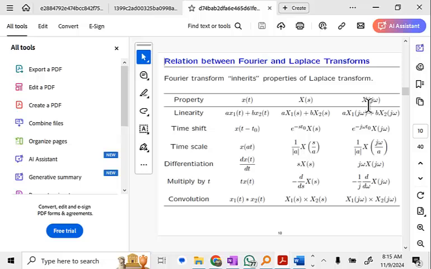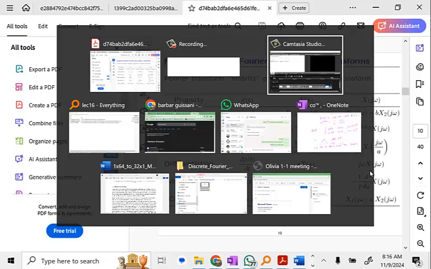So what does differentiation do to the Fourier transform? Well, it multiplies it by j omega, and then you have the same Fourier transform here. So think about what this does to the magnitude and the phase of the Fourier transform.